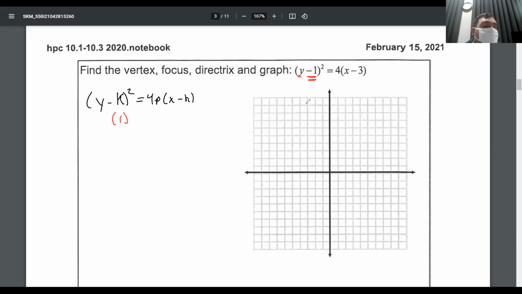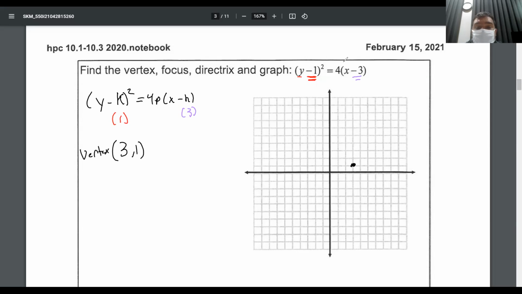Next part, this -3, take it out as a 3. Hey, wait a second, we already got our vertex. 3 comma 1. 3 to the right, 1 up. Then that is your vertex. I'll put that there.